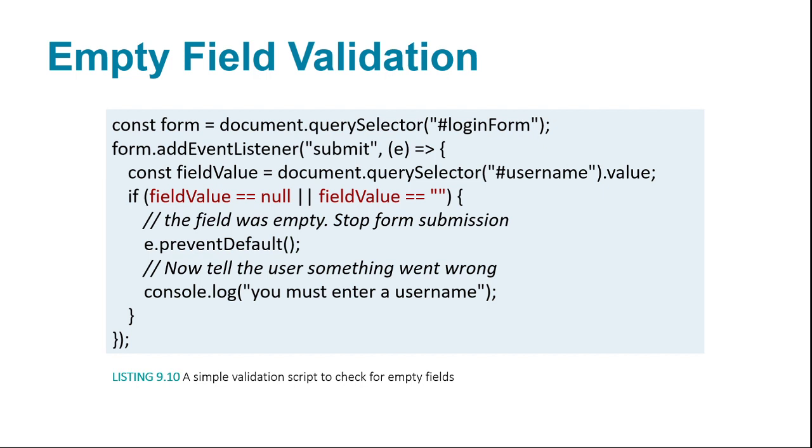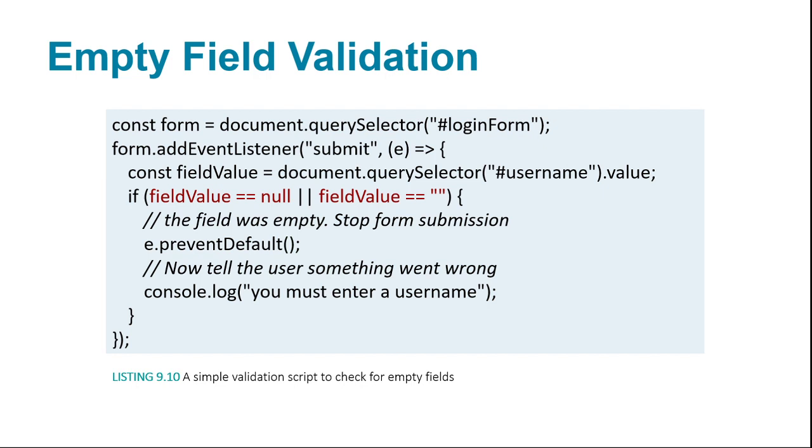So to break down the scripting here, we've got a variable called form that's going out and grabbing something with an ID of login form. We're adding an event listener for when somebody hits the submit button. Like I said, that very specific event, when they're hitting that submit button.